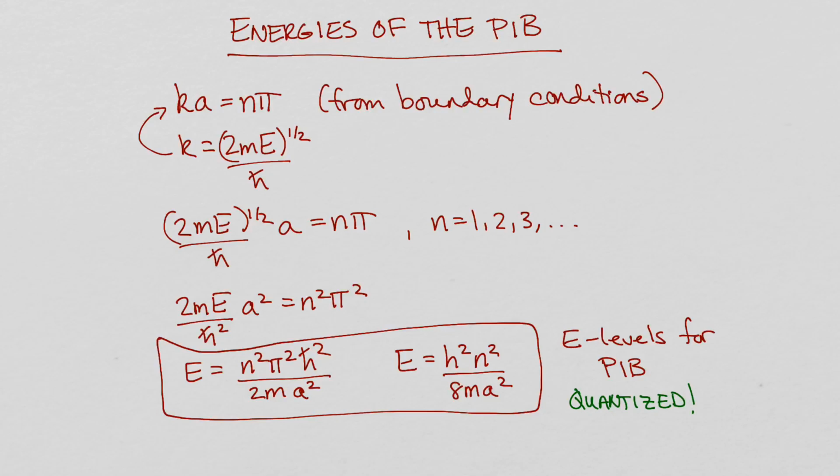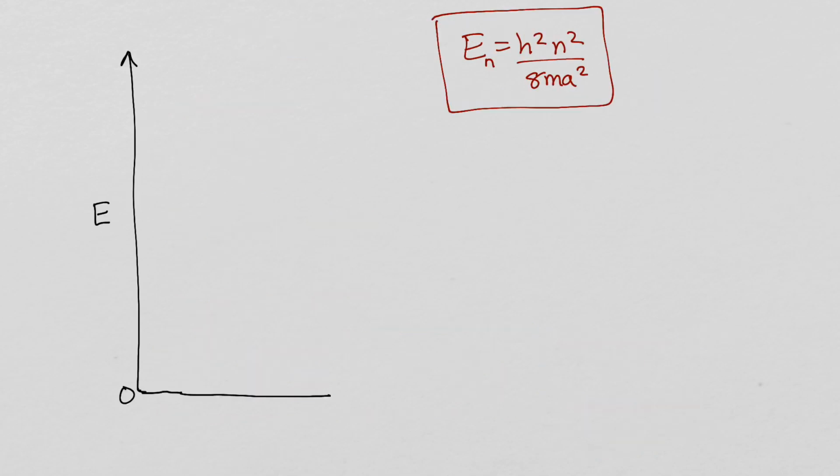The fact that we have a localized particle, so our n popped up when we were applying our boundary conditions. Our quantization is a result of localizing our particle. If we had no bounds, if we allowed our particle to run free over infinite space, then we would never get the quantization result.